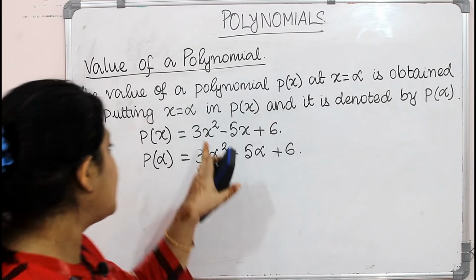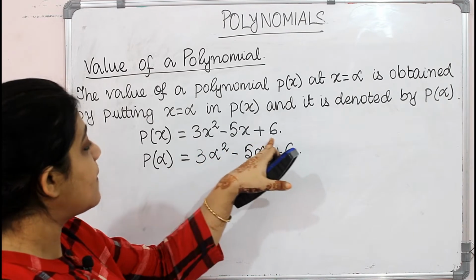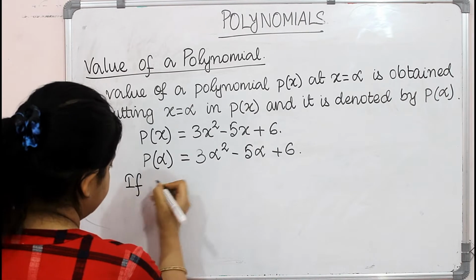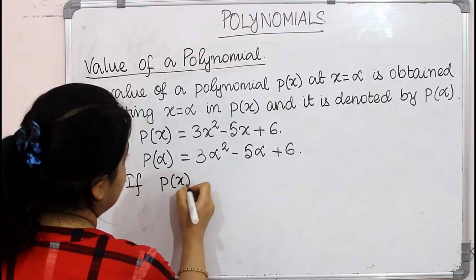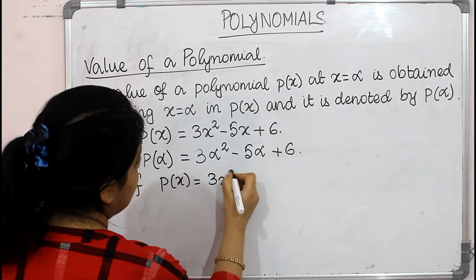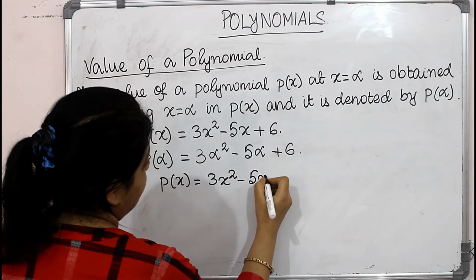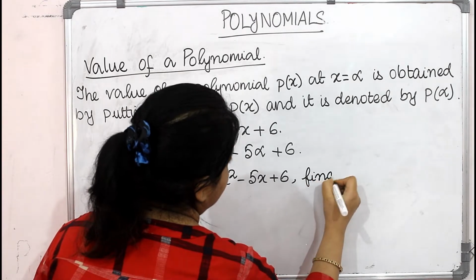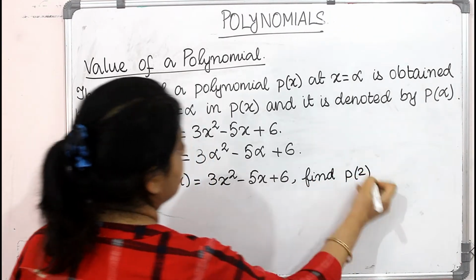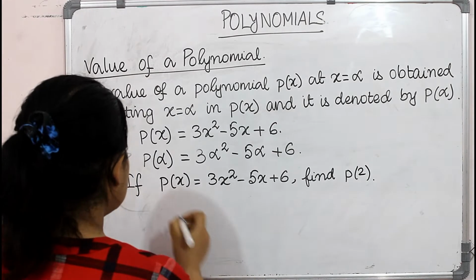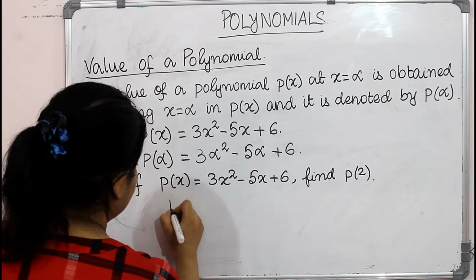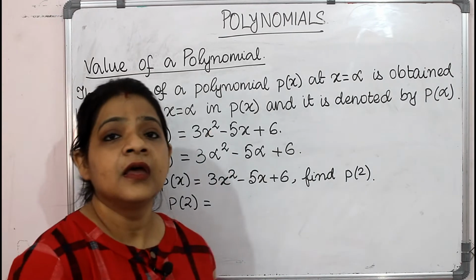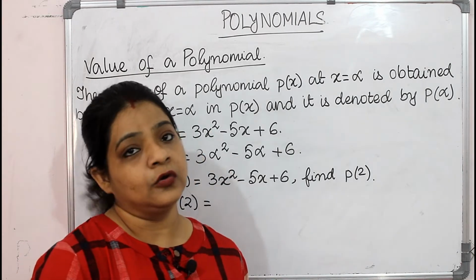Suppose a question is given: if p(x) equal to 3x square minus 5x plus 6, then find p(2). In place of x, we replace it with 2.